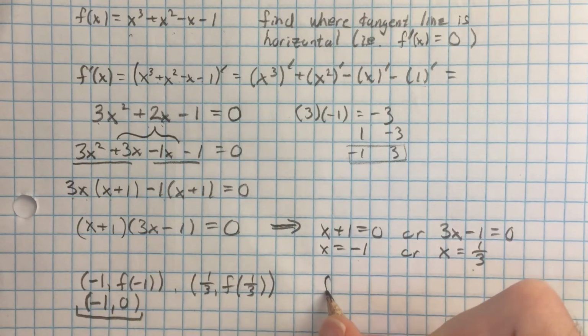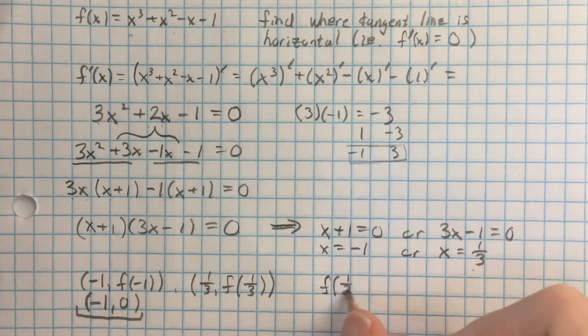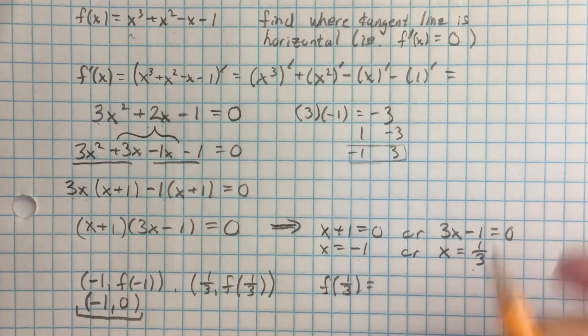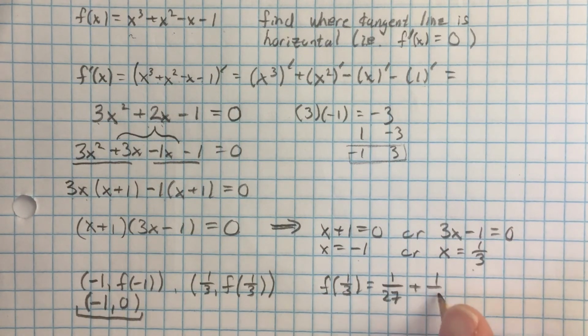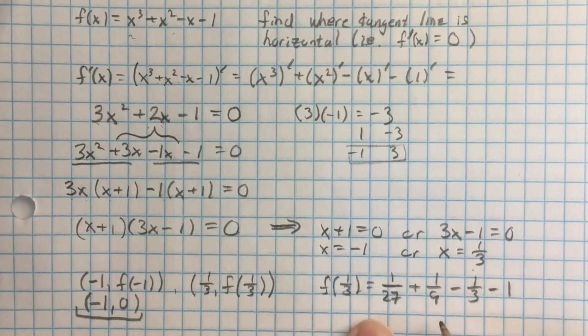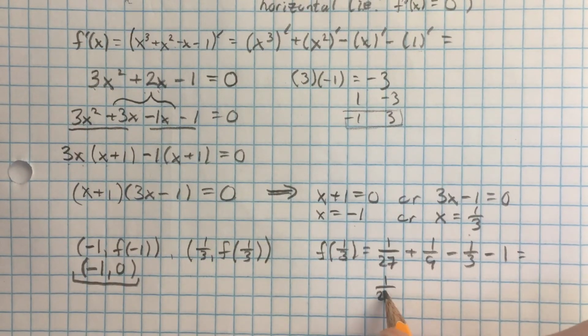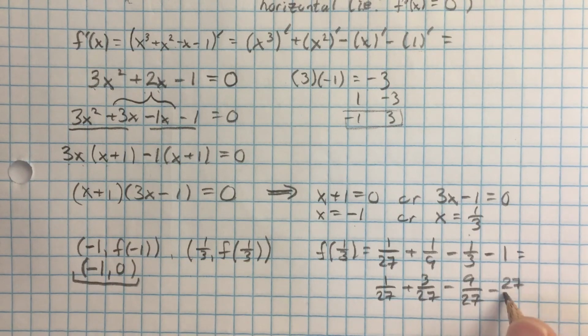f of 1/3 is not quite as obvious. So f of 1/3 should be a 27th. Write this very quickly. A 27th plus a 9th minus a 3rd minus 1. If we give everything a denominator of 27, we should arrive at something like a 27th plus 3 27ths minus 9 27ths minus 27 27ths.